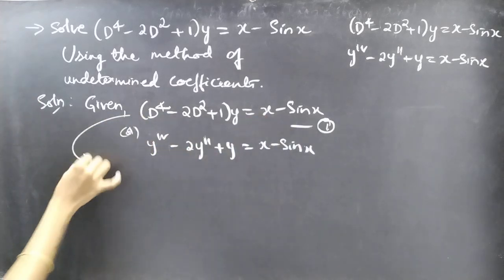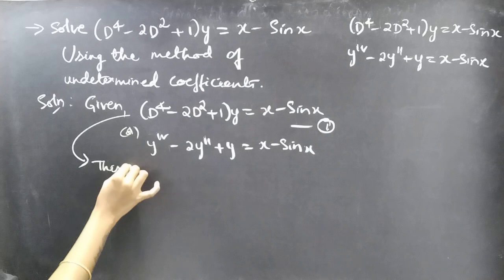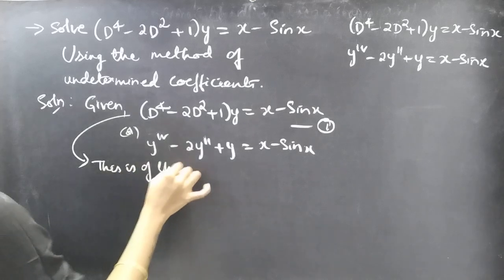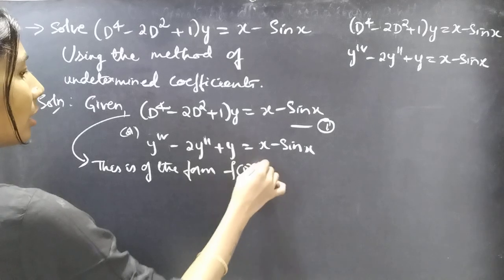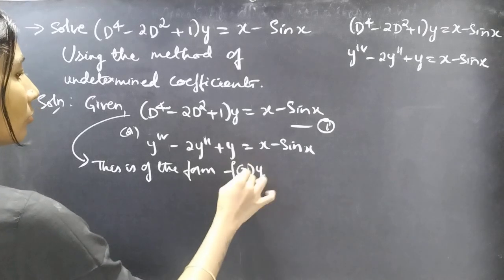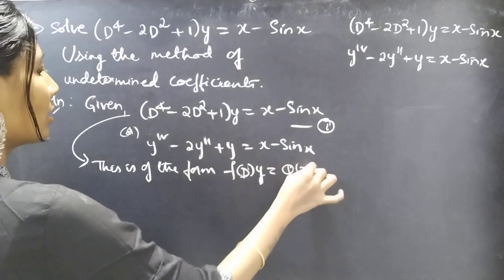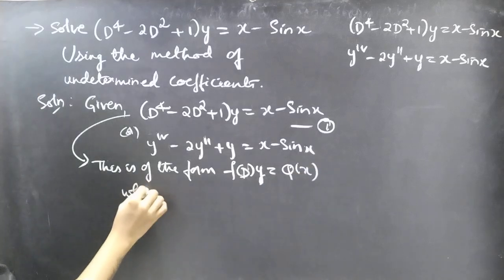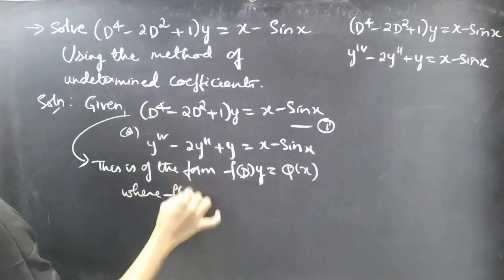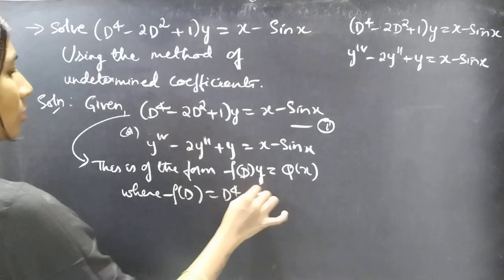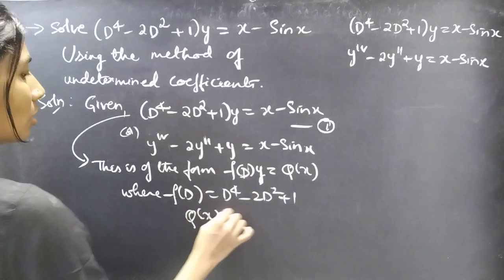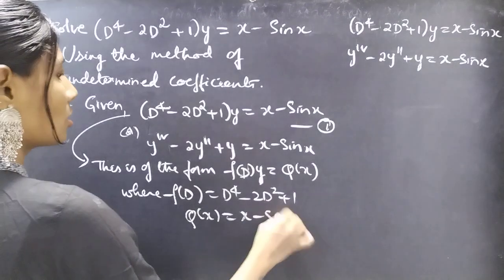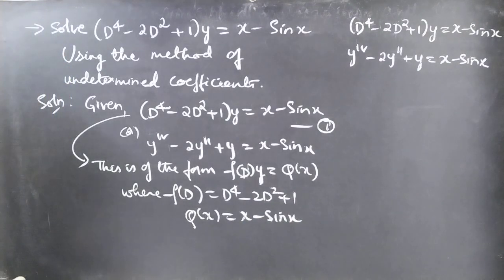And the given equation is of the form, which is an operator form f(D)y = Q(x), where f(D) = D^4 - 2D^2 + 1 and Q(x) = x - sin x.